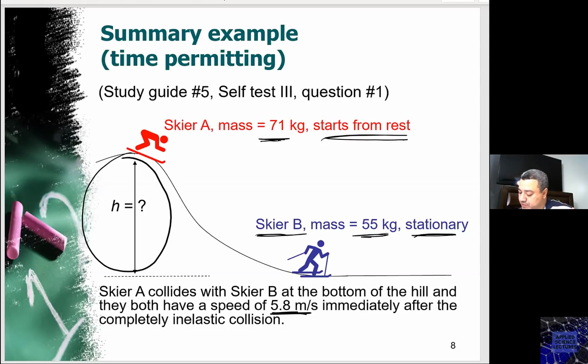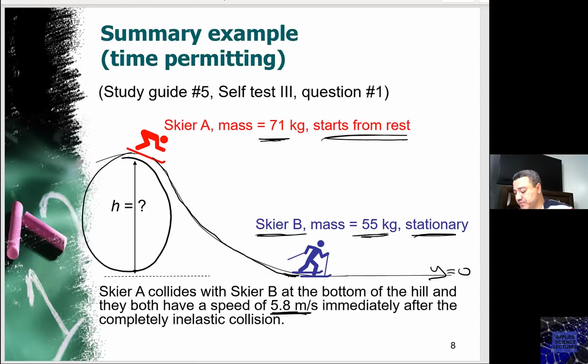Right now, skier B is stationary. Skier A is starting from rest, then he will come all the way till he gets to this level. At this level, right before colliding, he will be at y equals 0.